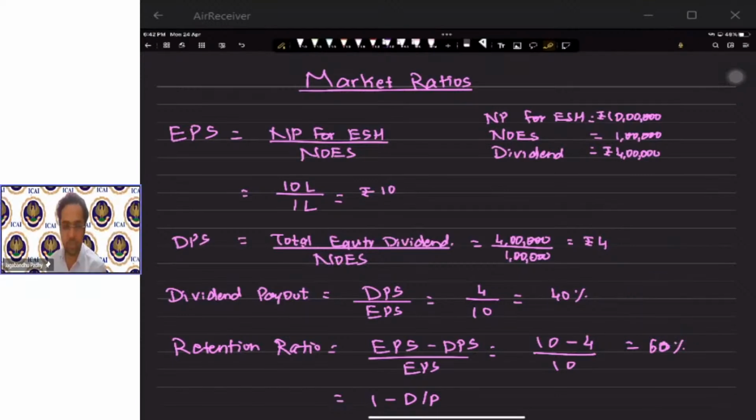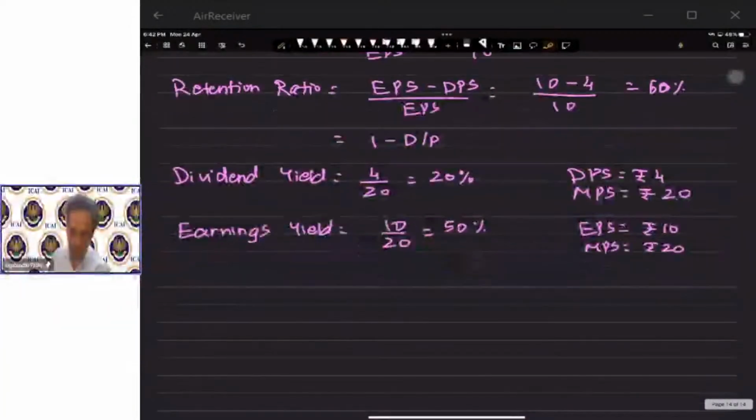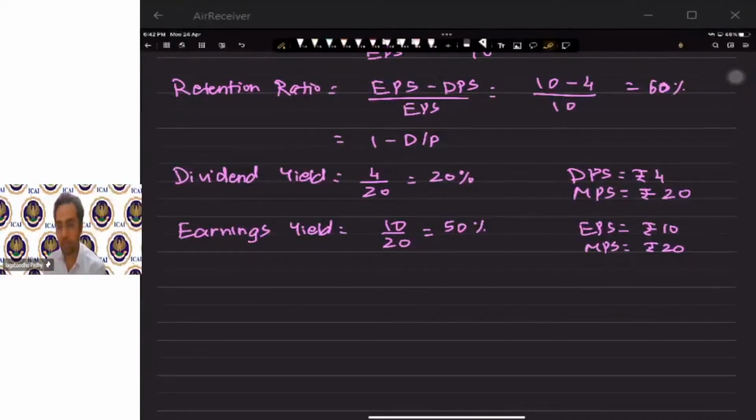Yield means return, Himanshu. Yield means what sort of return you are getting when you take market price as your investment. Goma is asking, when we talk of return on investment, from whose perspective is it? Is it the investor who is investing in the company, or the owners of the company? When you say return on investment, whoever has put in the investment, what return they are getting from the company.